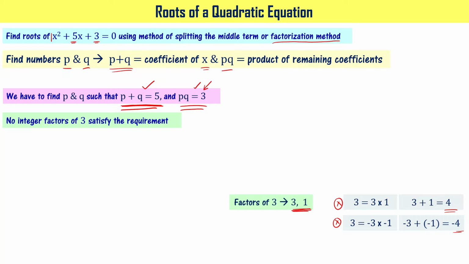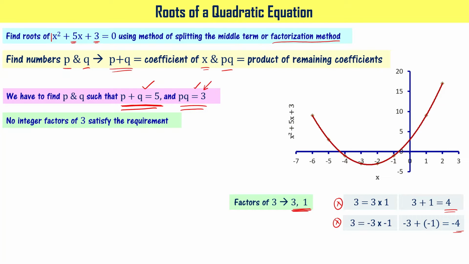Answer is no. We have roots for this particular equation. How do we know that? Let's say we plot the equation x square plus 5x plus 3 for different values of x.